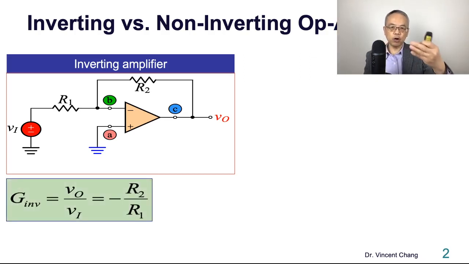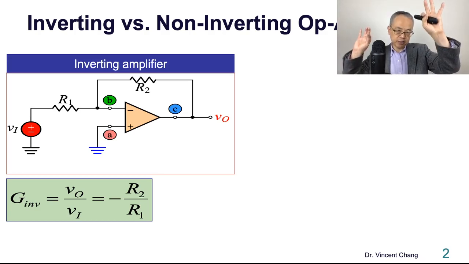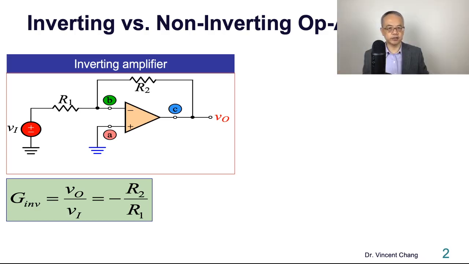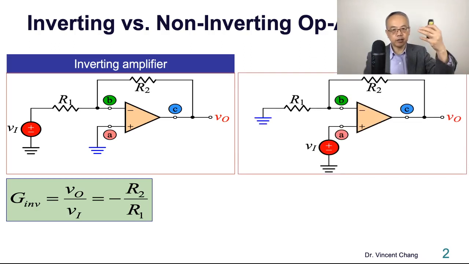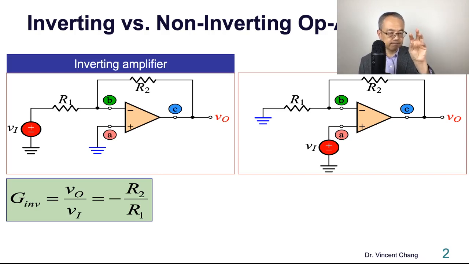And again, the closed loop gain of the inverting amplifier is negative, and its magnitude is determined by the two external resistors. Now, on the right-hand side, it's the non-inverting amplifier. Why? The input signal Vi goes into the non-inverting terminal of the op-amp, but still it's negative feedback.